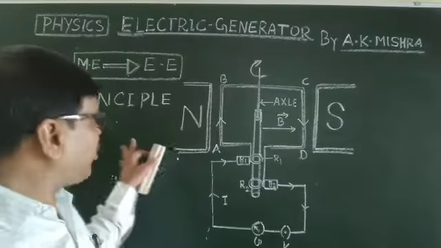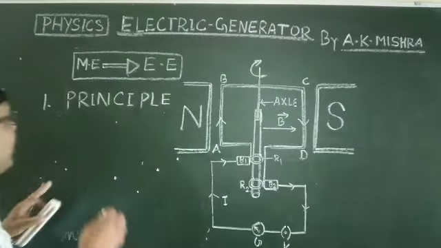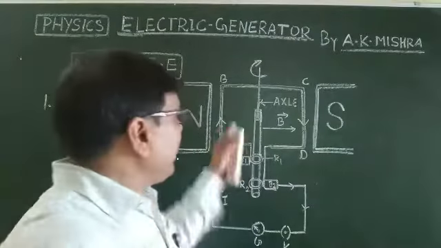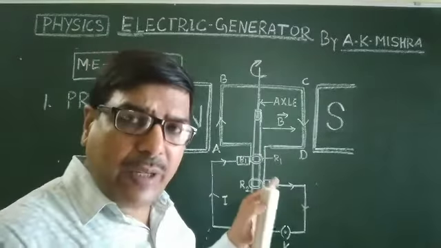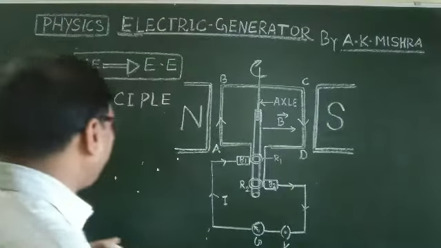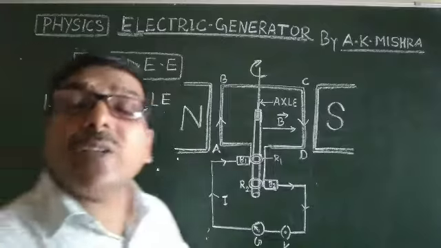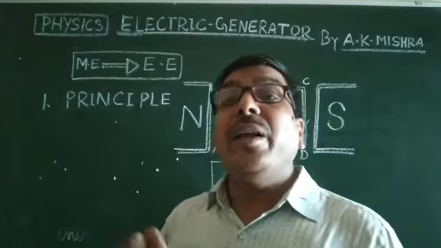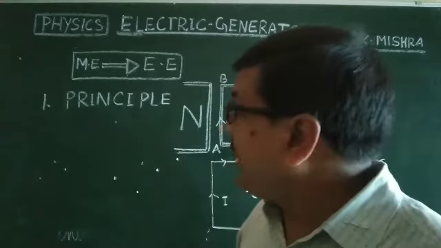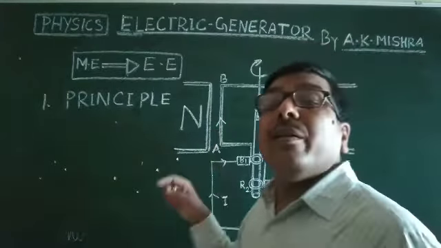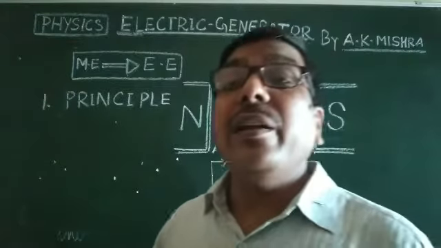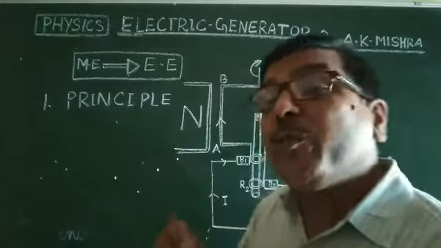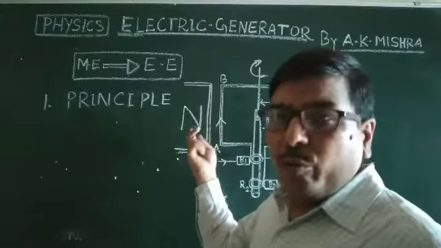This phenomenon is very important, on which the electric generator is based. What is electromagnetic induction? When there is a relative motion between a coil and a magnet, then induced EMF or current is produced. On this principle, the electric generator works.